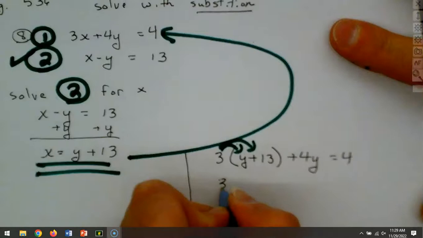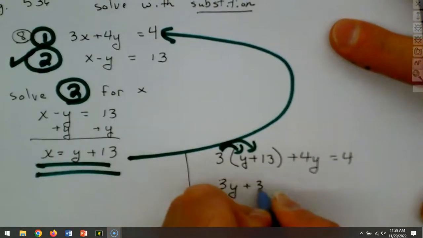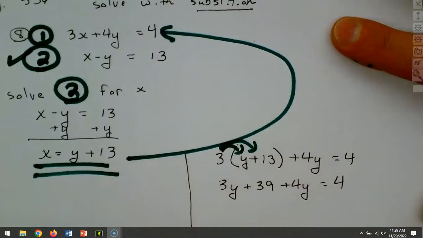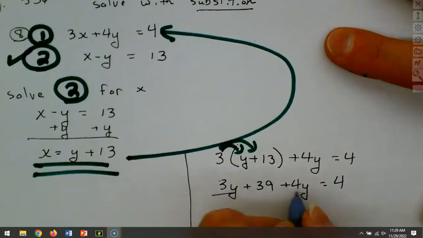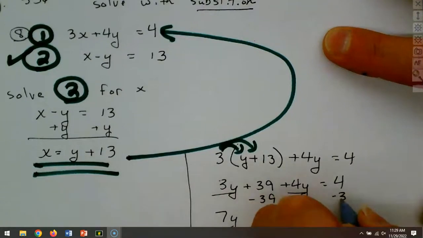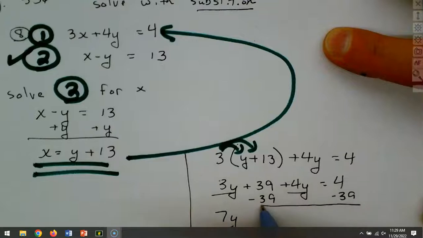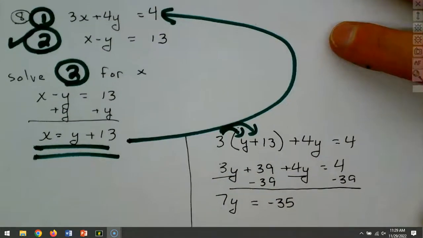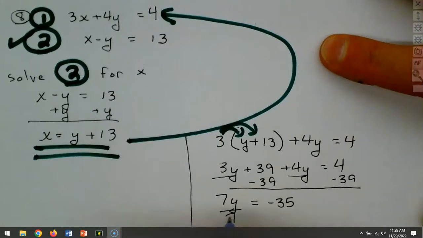So that is then 3y plus 39 plus 4y equals 4. So those can go together, and that makes it 7y. I'm going to move that 39 over. And so now we've got 7y equals 4 minus 39. That's a minus 35. Divide by our 7. And that gives us y equaling minus 5.